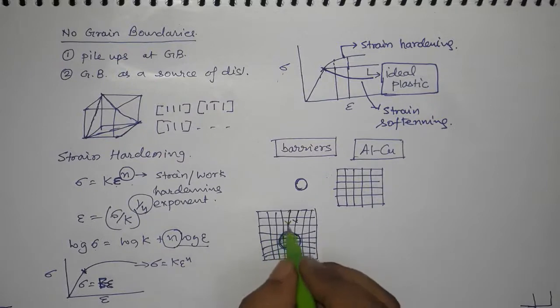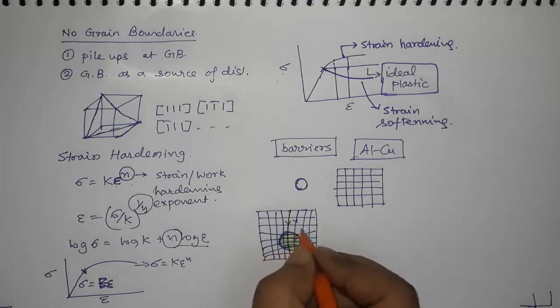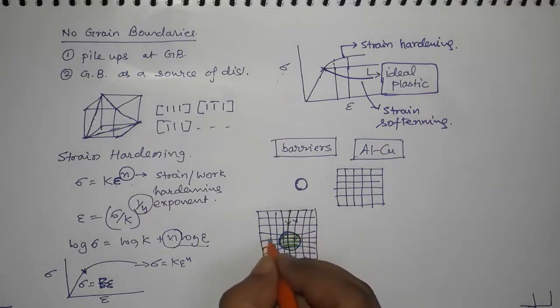So if you have a dislocation, and how will you have a dislocation? You can have a dislocation which will be an extra half plane. Let us say that in this direction I have an extra half plane which is moving. It moves there, then it moves there, and so on, and when it reaches this interface, it may have some strain because the atomic size has changed, but this dislocation is not related to atomic size.